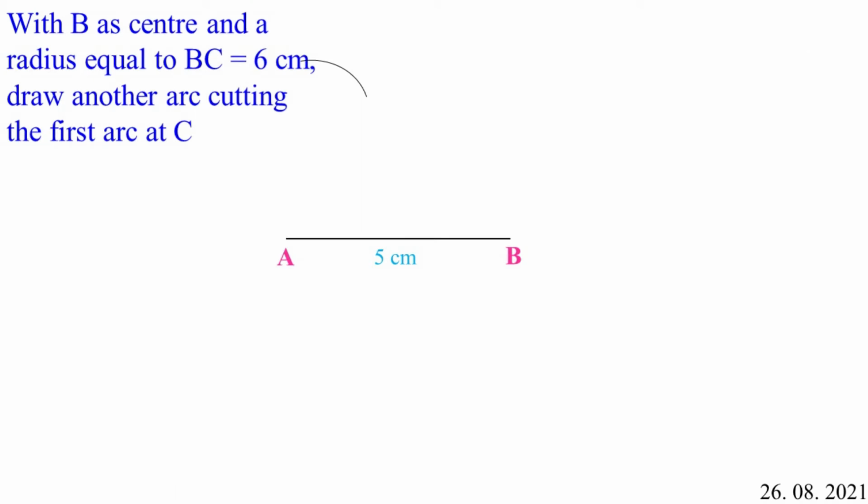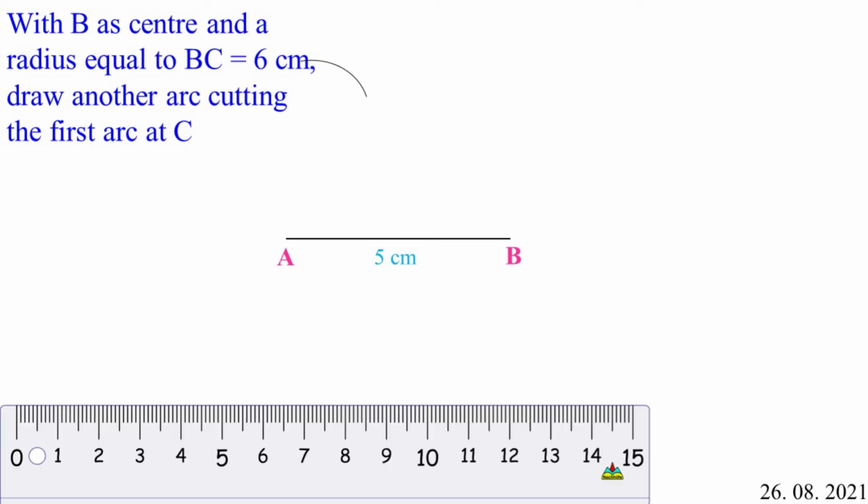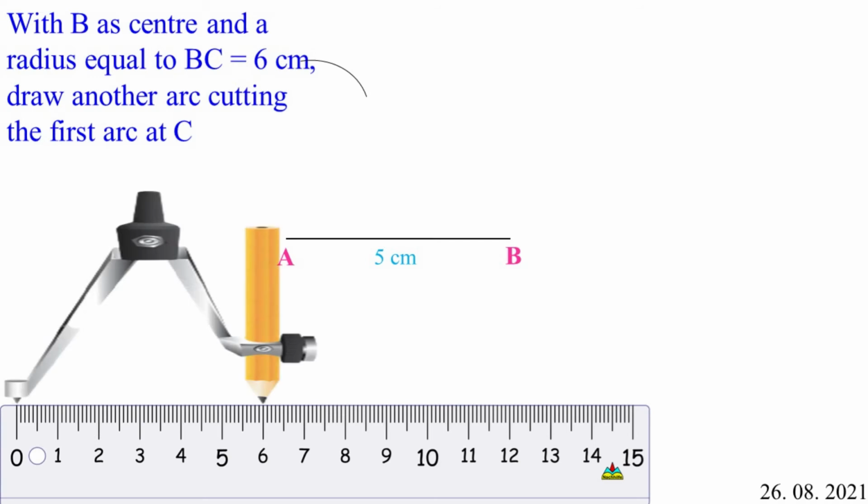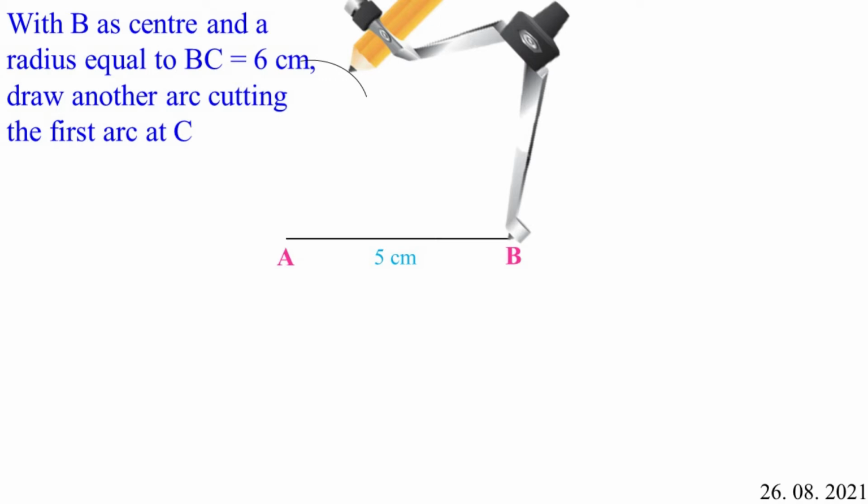Third step, we draw the line segment BC equal 6 cm. Again using ruler and compass, take 6 cm radius with B as center. Draw another arc above the segment AB cutting the previous arc.